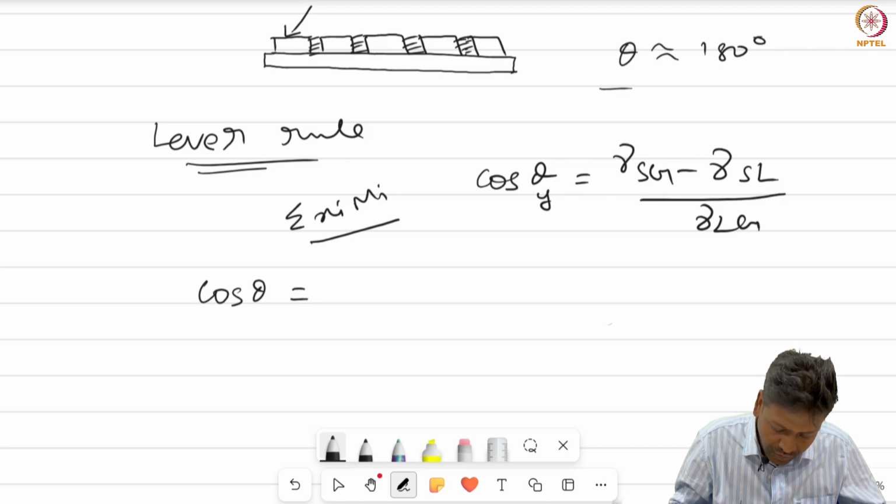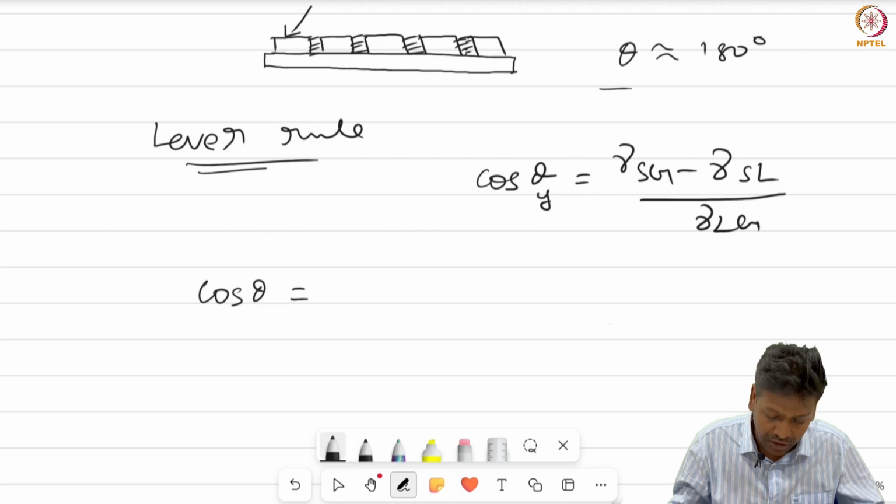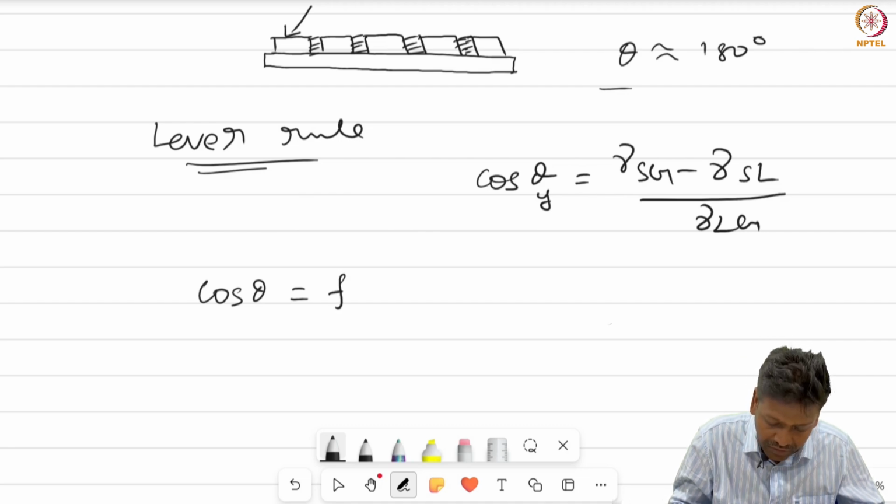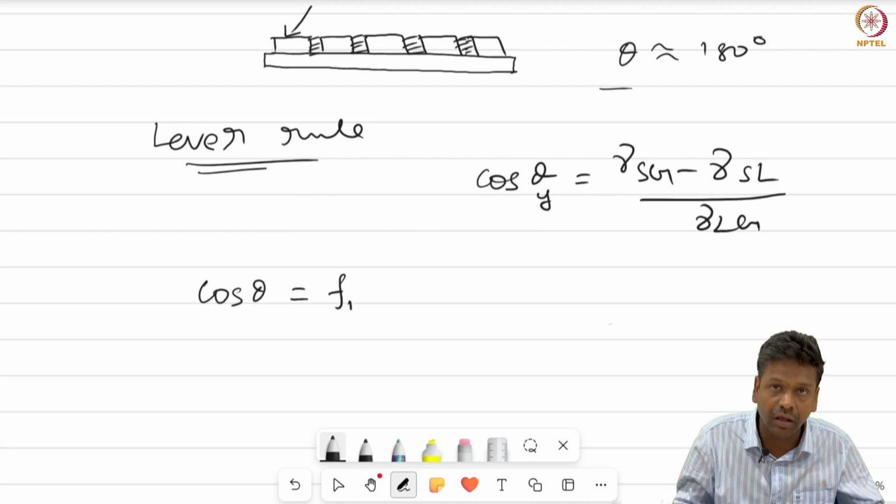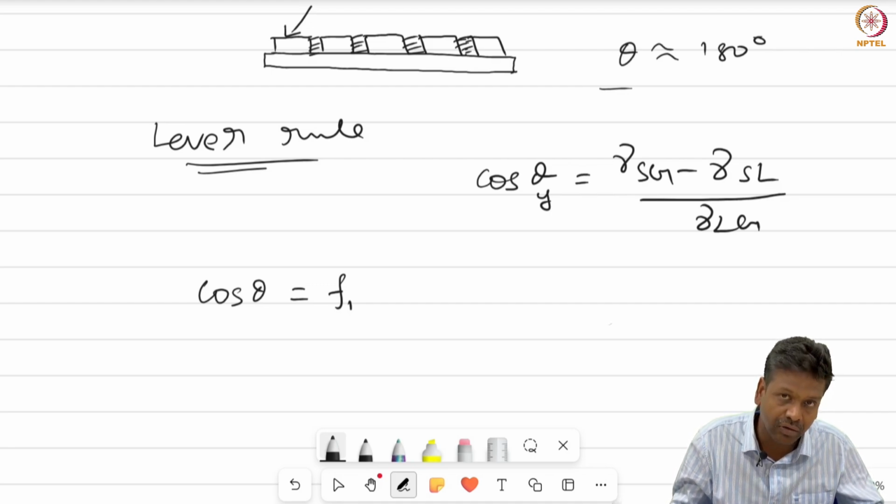So in this case, since we deal with the surface, we can call it fraction 1, where 1 represents type 1.